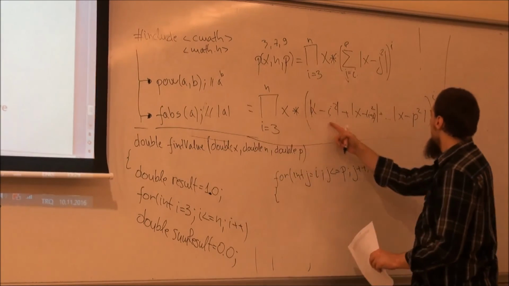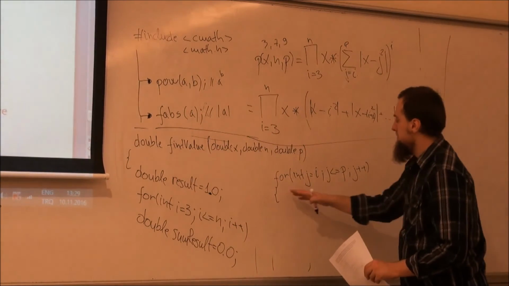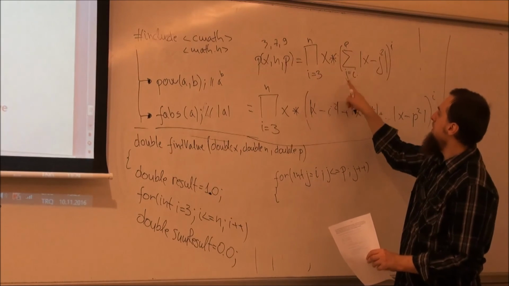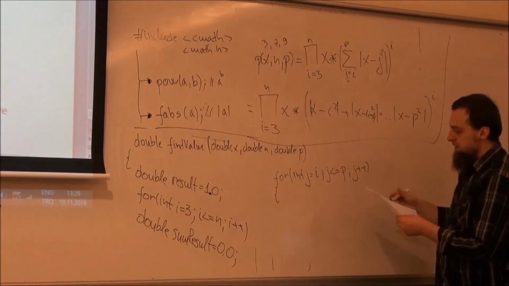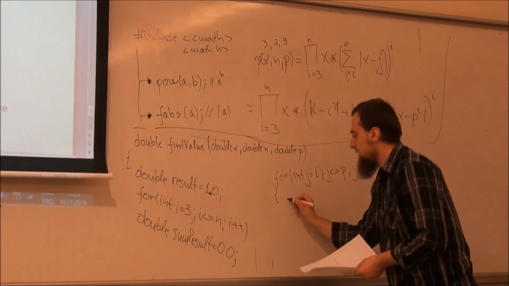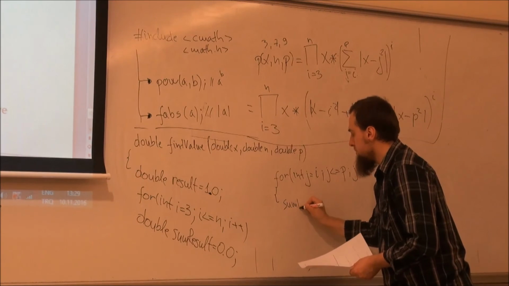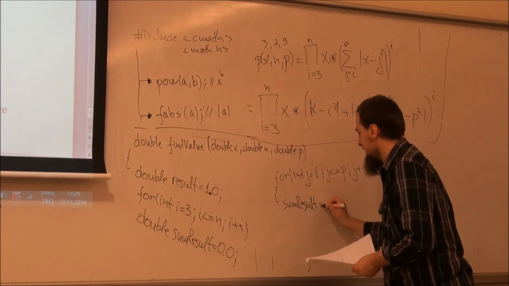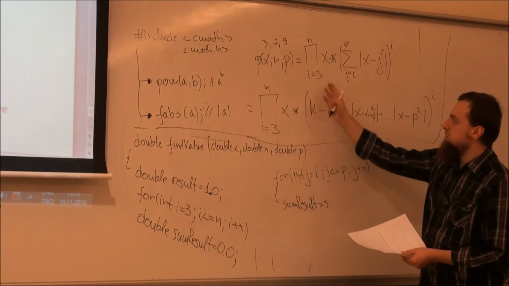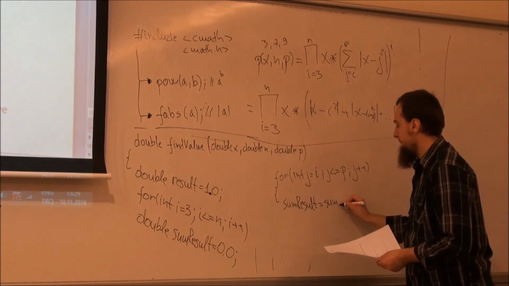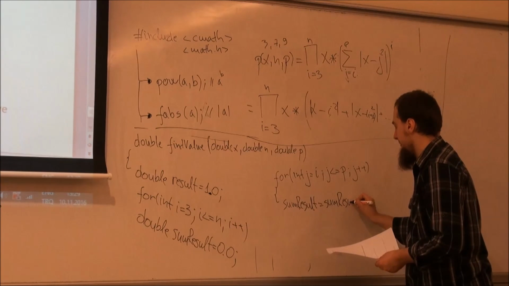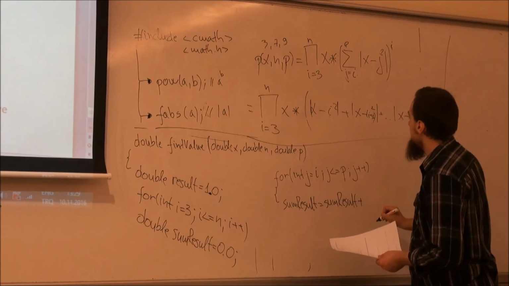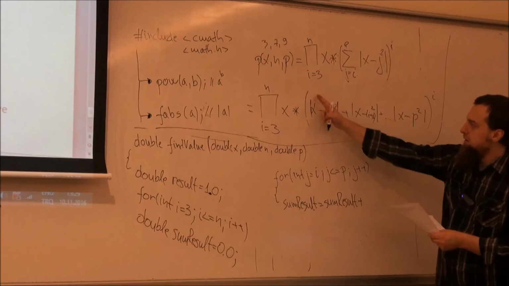Now, how am I going to calculate this one? I start from i up until p. What do I have to find? The sum result is equal to the previous sum result, so we start from 0, plus, now this is the important part.